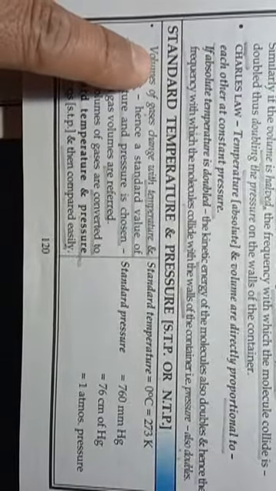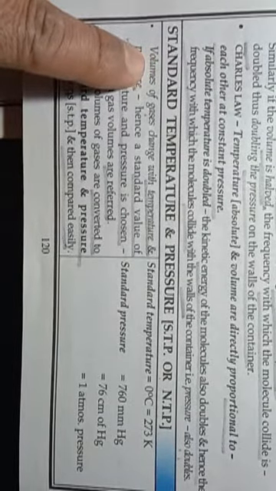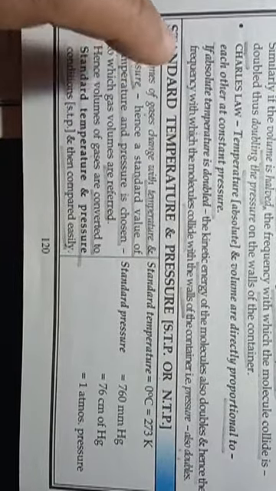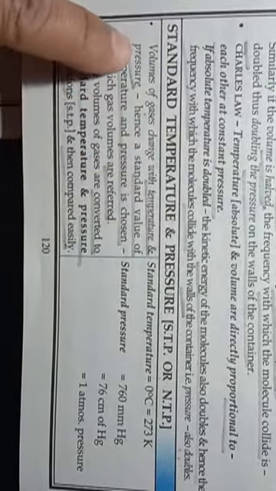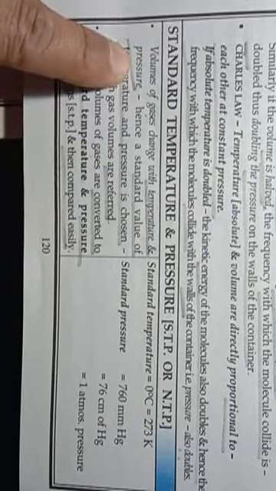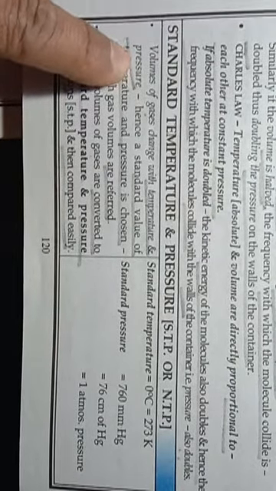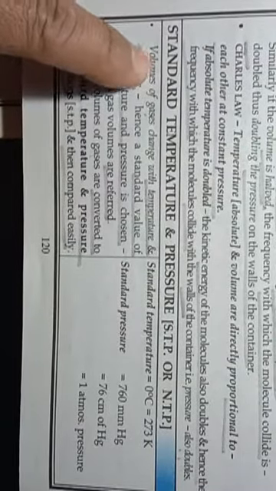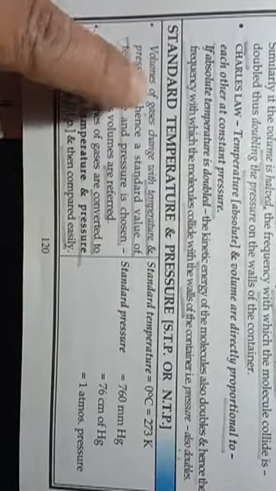As we all know, at a particular time all over the world, the conditions of temperature and pressure are different. So it is not easy to compare the volume of a particular gas at a particular time in different parts of the world.